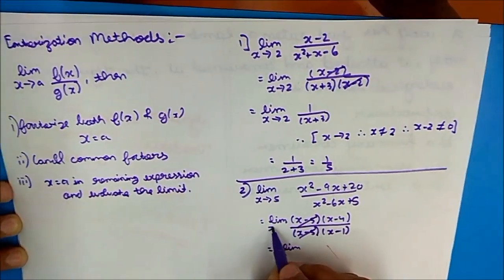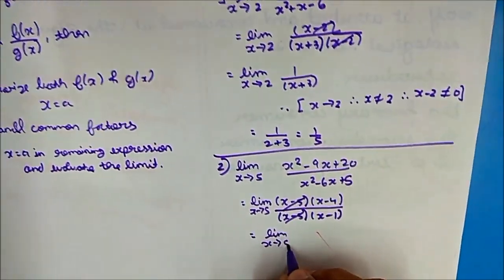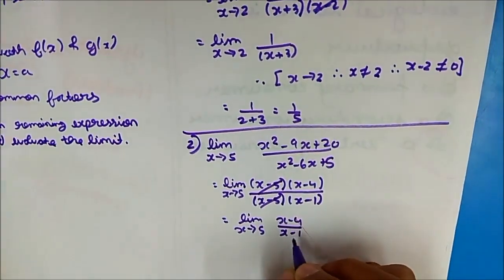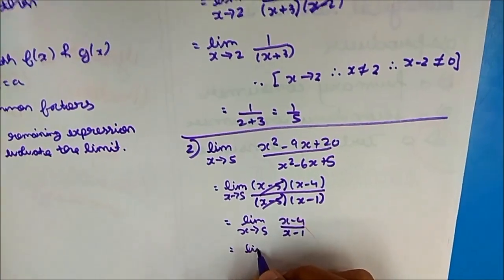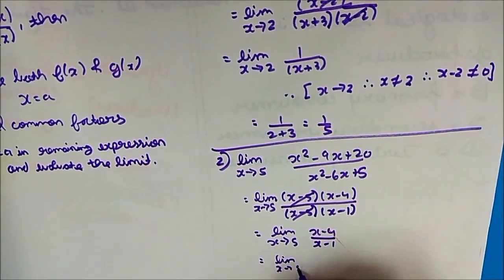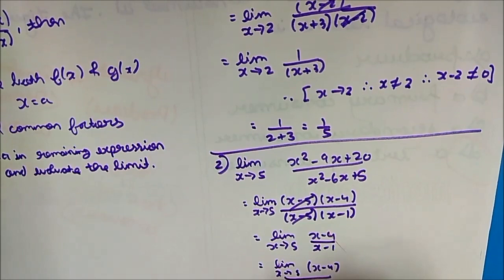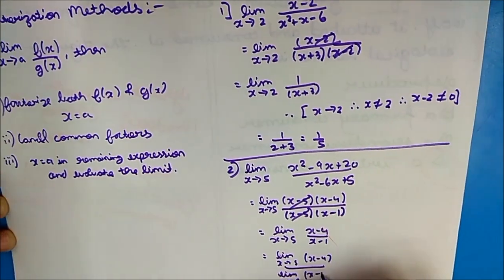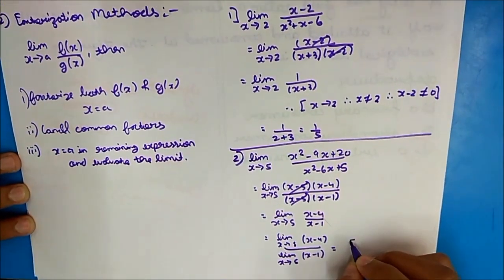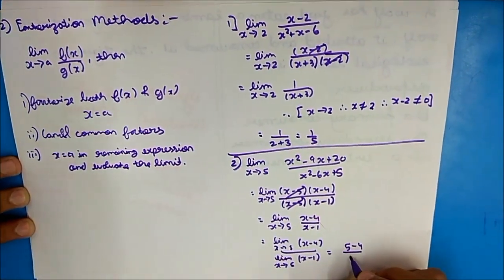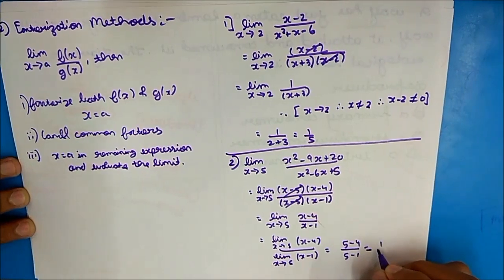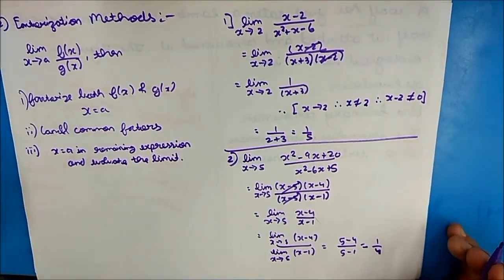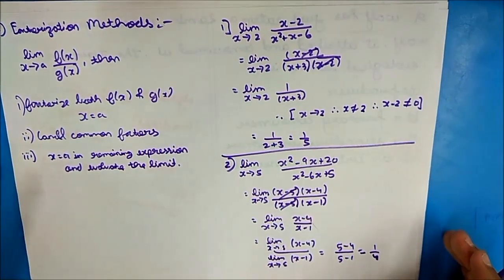Limit x tends to 5, x minus 4 upon x minus 1. Limit x tends to 5 x minus 4 upon limit x tends to 5 x minus 1 is 5 minus 4 upon 5 minus 1, that is 1 by 4. In this type of sum you need to just do factorization, very basic factorization which you have done in school.